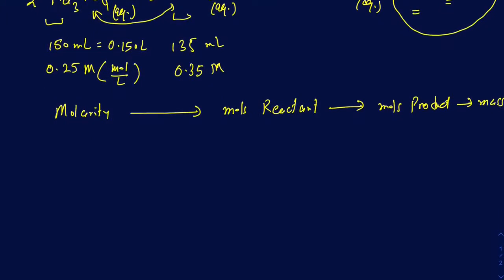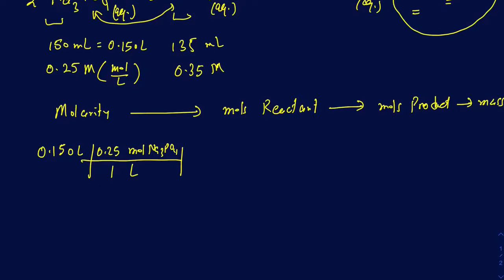If I start out with 0.150 liters of sodium phosphate, I want to put the moles of sodium phosphate on the top and liters on the bottom, so I would have 0.25 moles divided by 1 liter, because that's the molarity of this sodium phosphate.